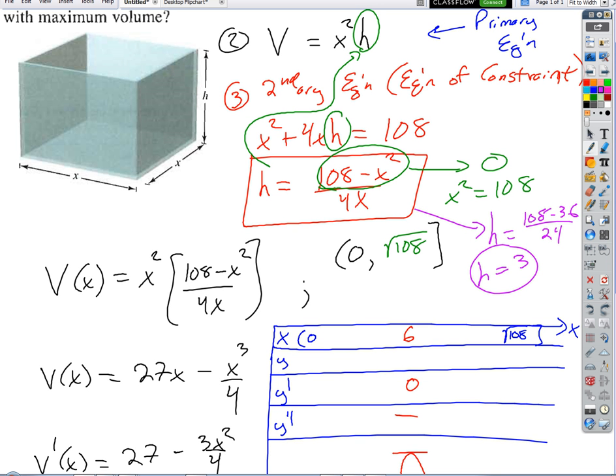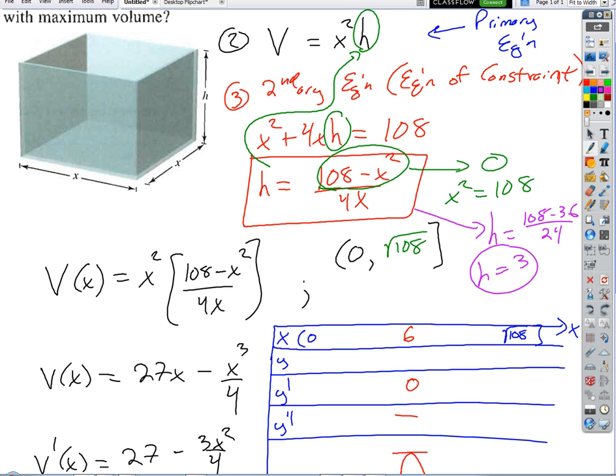That's going to be a small volume, right? I could take a single drop and spread it out over the base so it had some height, and that's not very much volume, is it? So it has the absolute maximum volume. Yeah, it has a maximum volume.